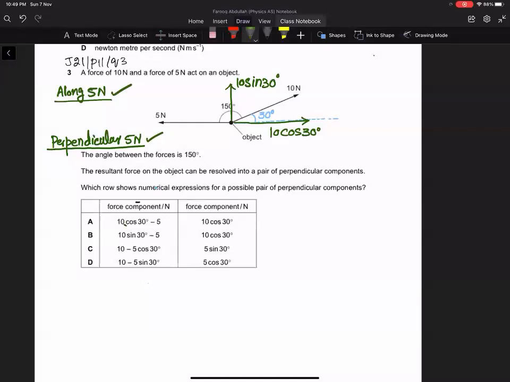If we take 5 Newton as the reference, then the components that we are getting, they are along 5 Newton, we have 10 cos of 30 minus 5 Newton, and the other one will be 10 sine of 30. Now, do we get this option? No, this option is not present because 10 sine 30 is not in the option even.